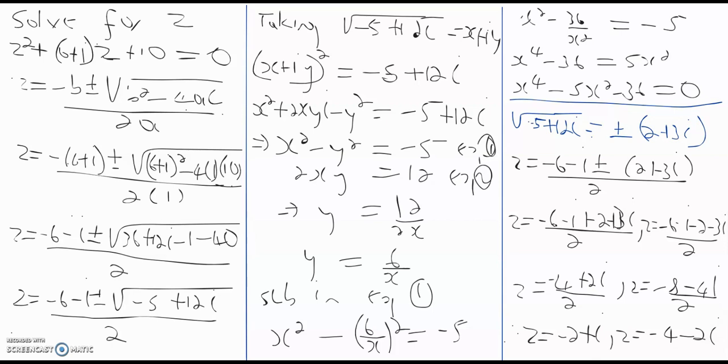So these would be my roots. And of course, you do notice that these are far from being conjugates. They're not even similar. All right, and why did this happen? That is because we would have noticed from the original equation, z squared plus (6 plus i) times z plus 10 equals 0, that the coefficients do involve complex numbers.